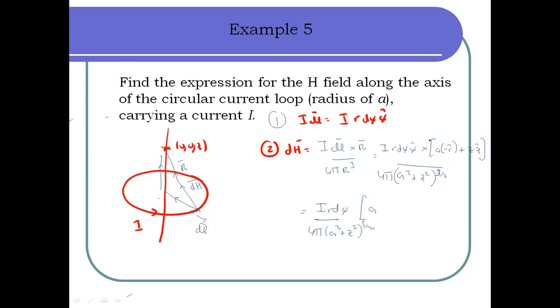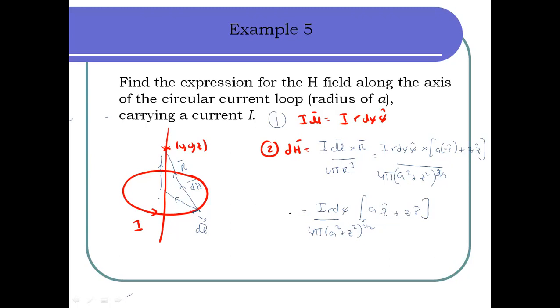Phi cross r will be negative z, but since we have a negative sign there, we have z direction. And for the phi cross z, that will give us r direction. So we're going to have plus the z direction of r. So that should be the dh vector, consisting of the z direction and also the r direction.